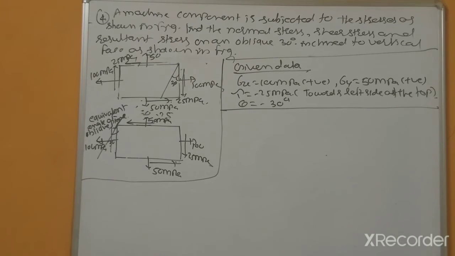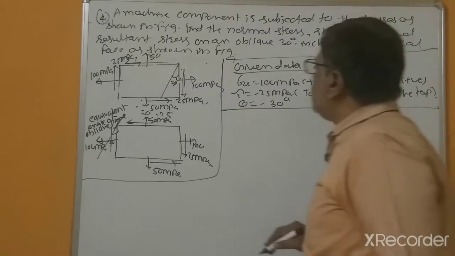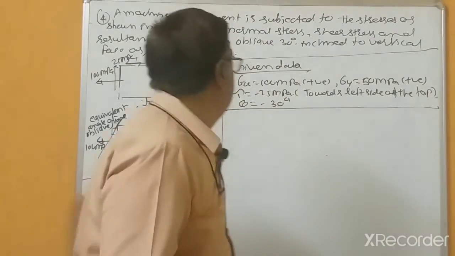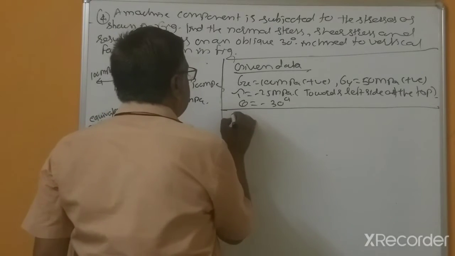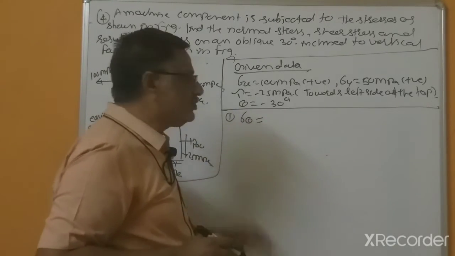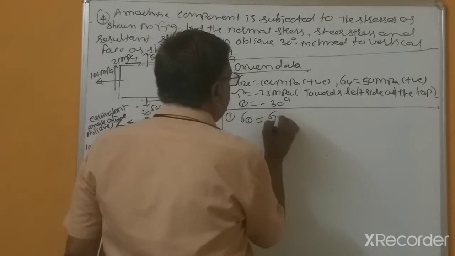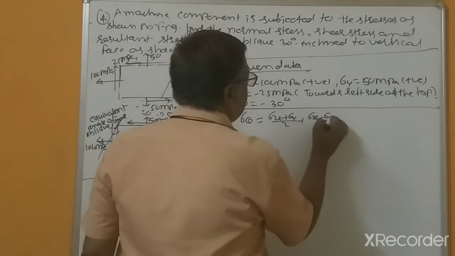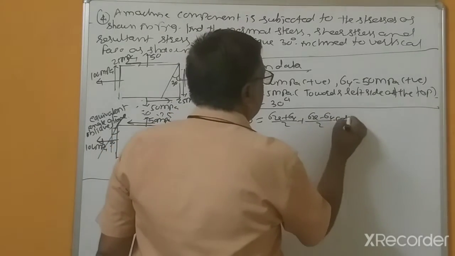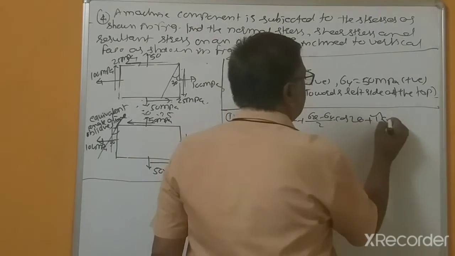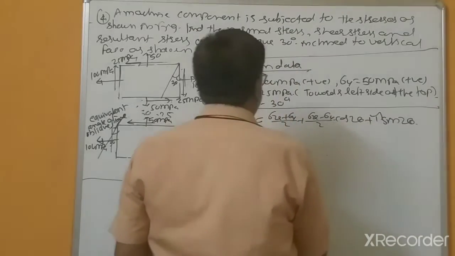This is the fourth problem. So that's why normal stress, I will write here, this is normal stress sigma theta equal to sigma x plus sigma y divided by 2 plus sigma x minus sigma y divided by 2 cos 2 theta plus tau sin 2 theta.